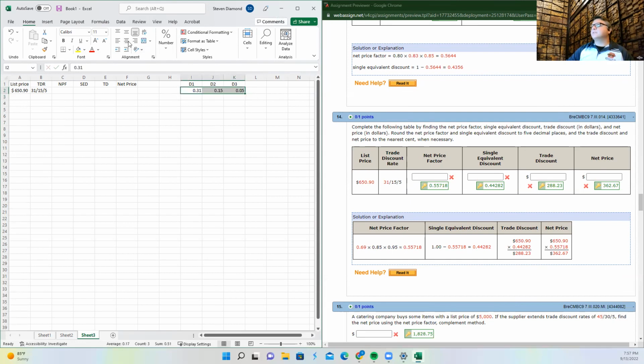Okay, I turn all this into percentages. A good thing about Excel is it's going to see the numbers as they truly are, so you don't have to worry about it. And then we know we got to take 1 minus each one of those. Okay, so our net price factor is going to be this times this times this, right?